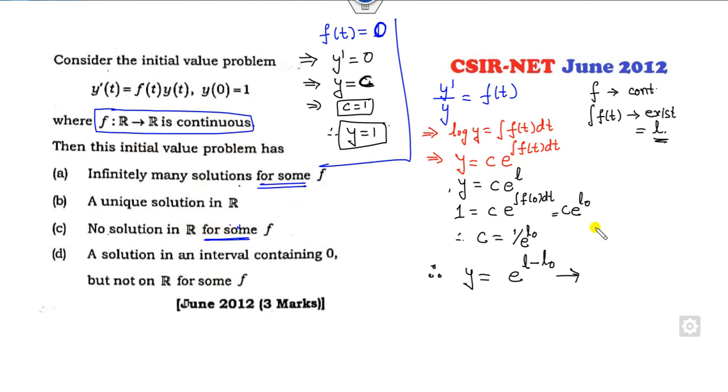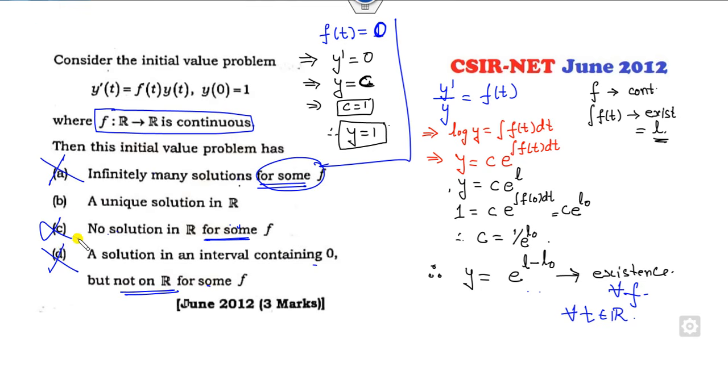L exists, L naught exists, so this exists. Now you can see infinite solutions for some f is cancelled, no solution is cancelled, since it exists for all f. It exists for all t in R, but this option is not on R, so it is also cancelled. The option left behind, B, is the right answer.